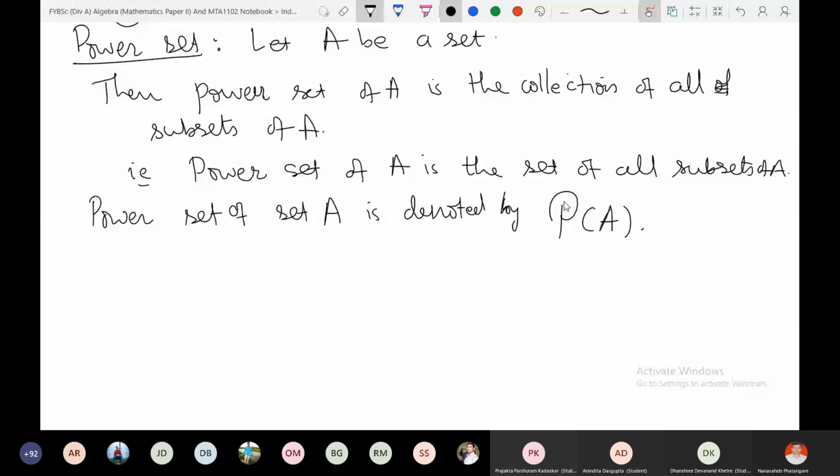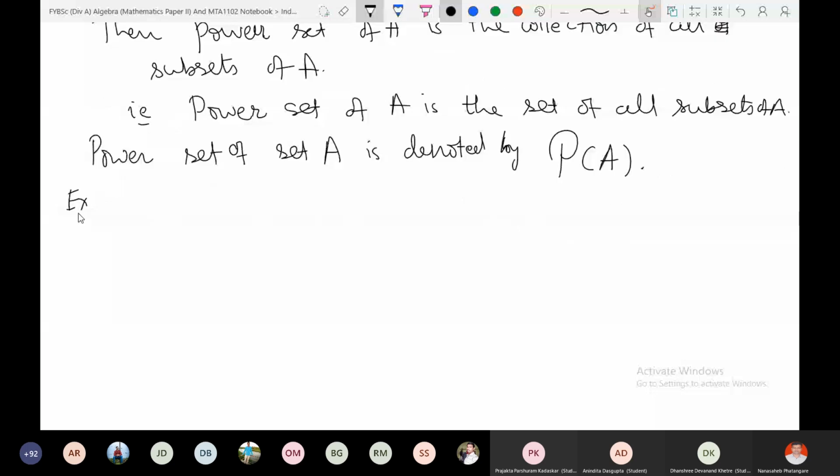It is a very special symbol for power set because the power set has some special properties, right? So for example, A is equal to some single element set. Then can you write down the power set of this set?